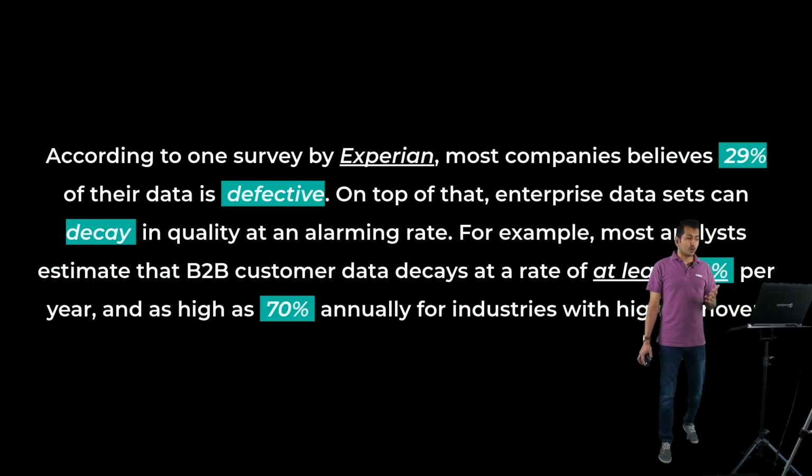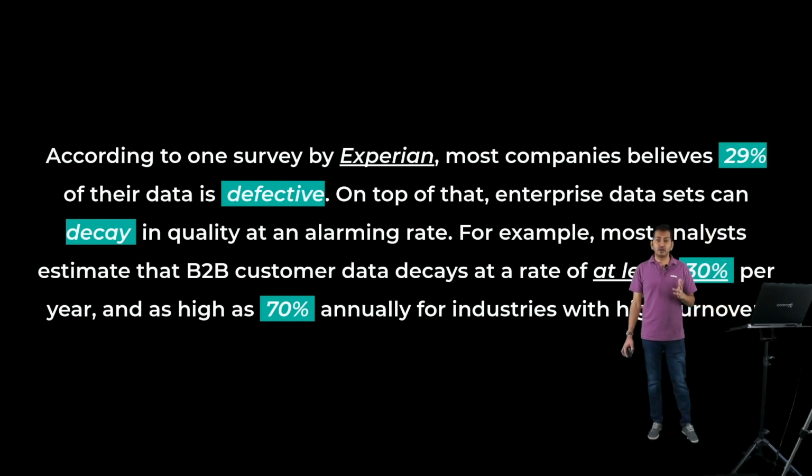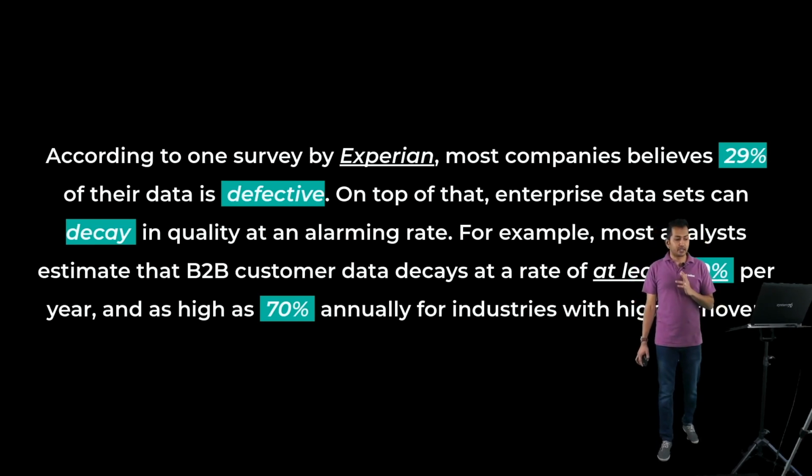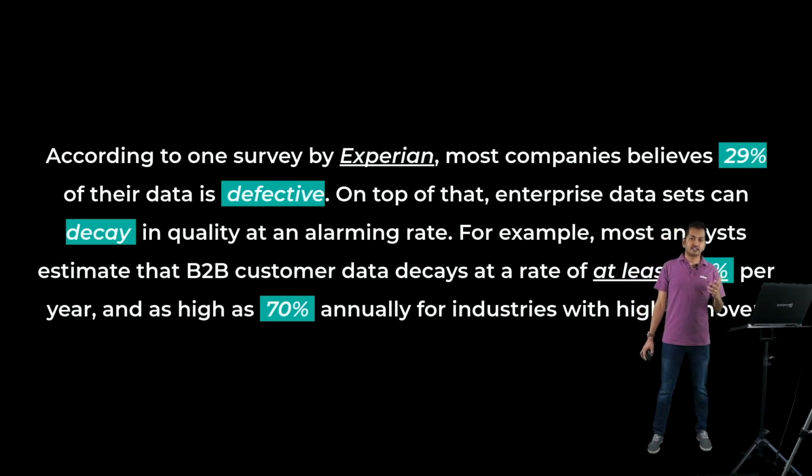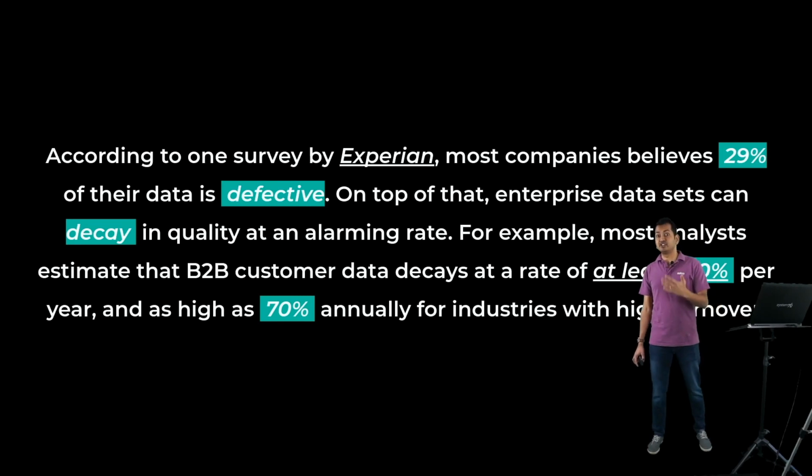It will decay in quality at an alarming rate. For example, B2B customers suffer from data decaying at the rate of at least 30% per year, and as high as 70% for the companies who have high turnover, right?